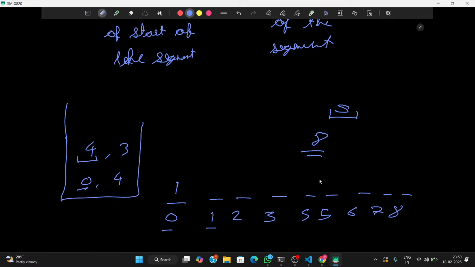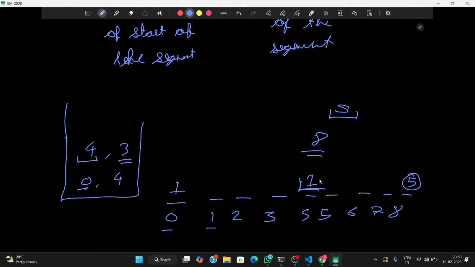One segment started at 0 and one started at 4, and currently we are at index 8. At index 8 we got 5, and if we are not able to add 5 to the previous segment, we will simply break the segment.